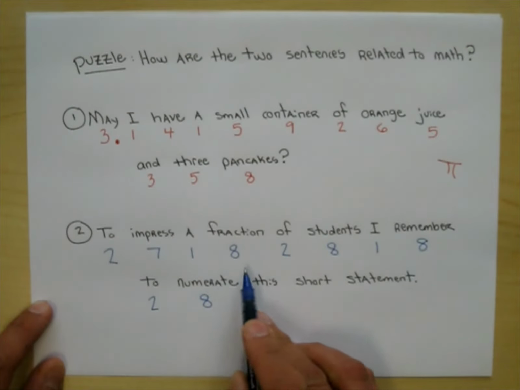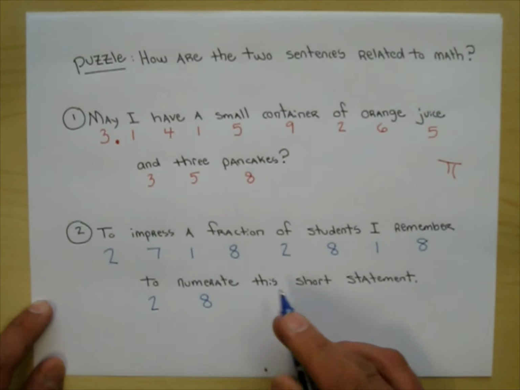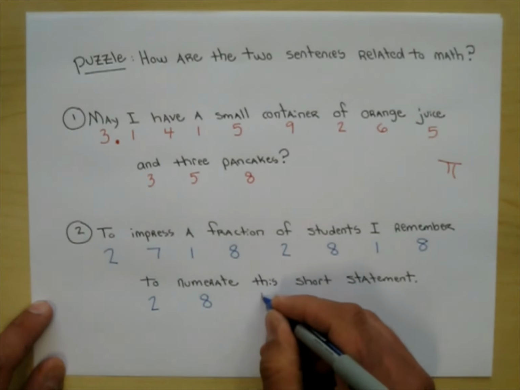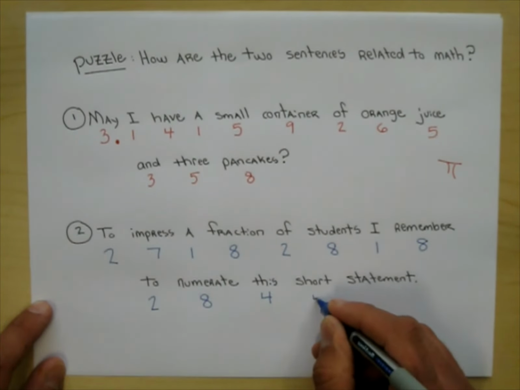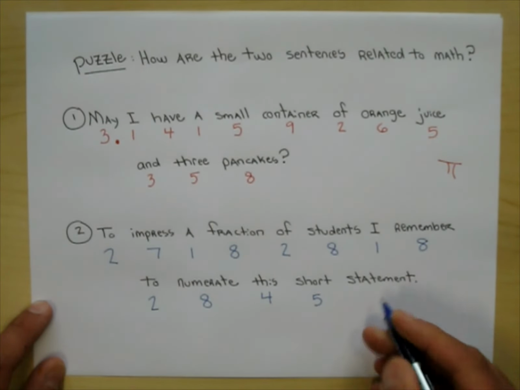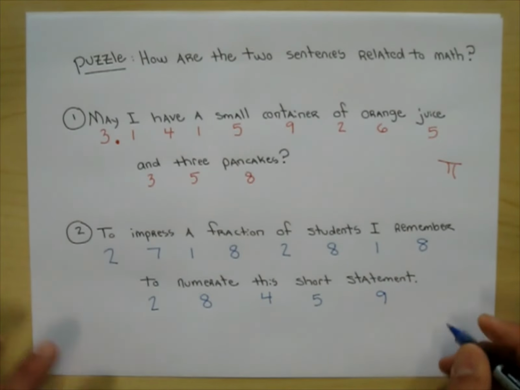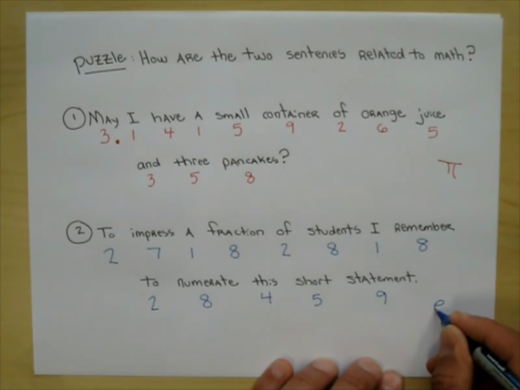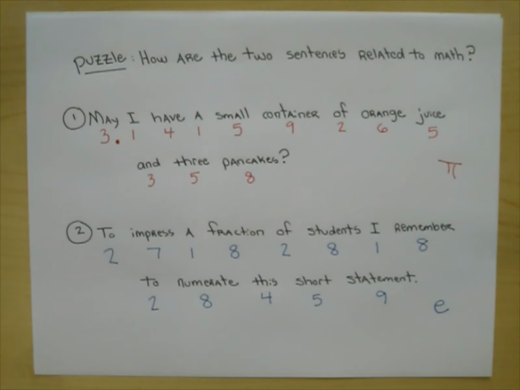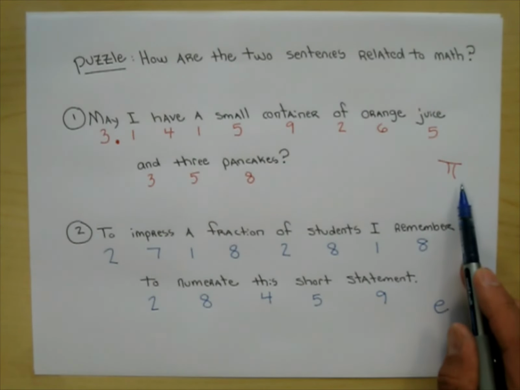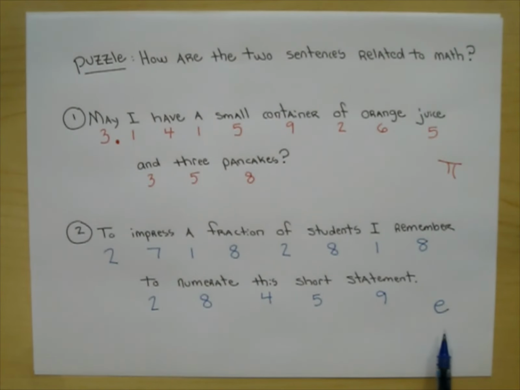So it looks like it's going 1828, 1828, but look at this, 1, 2, 3, 4, and then 5, and then the statement is 9. So this is the constant e, and that's used in calculus. Pi has to do with circles, e has to do with growth and decay, and it's used in banking, engineering, things that have oscillations, etc.